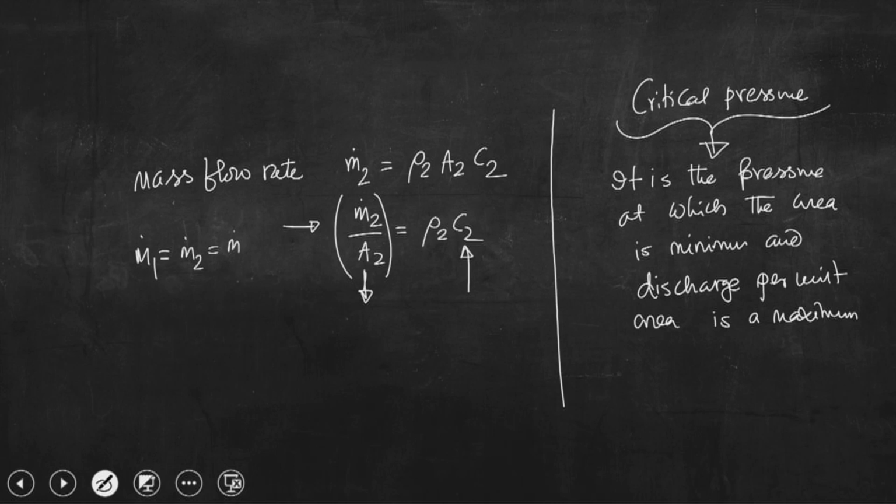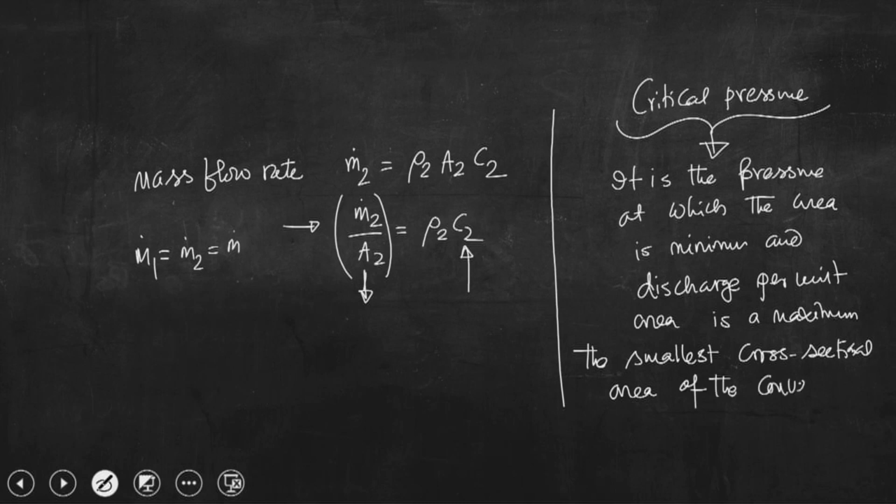And the smallest cross sectional area of the convergent channel is known as the throat.